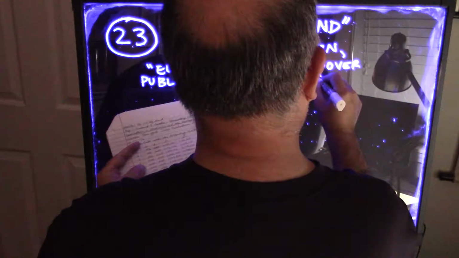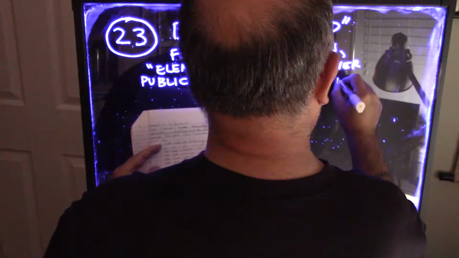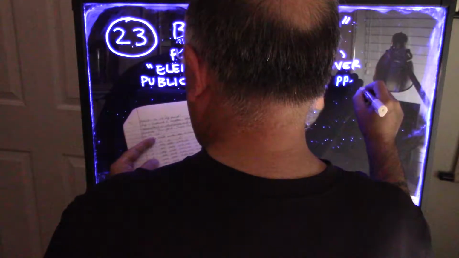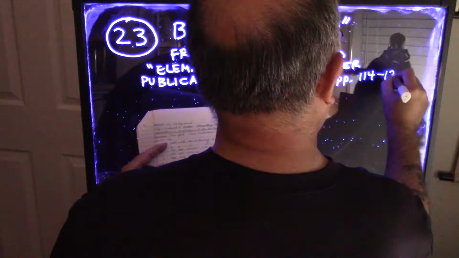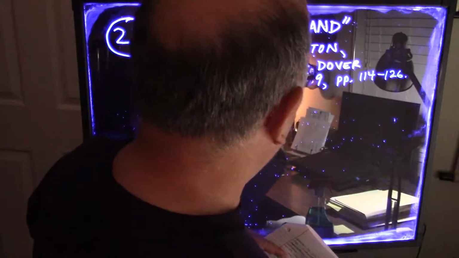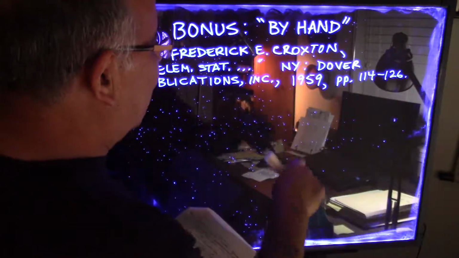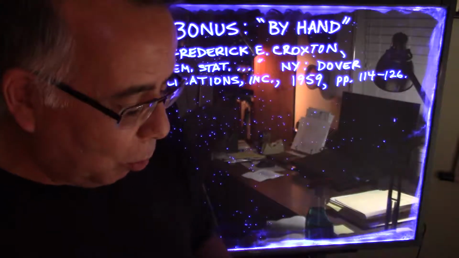This one was published by Dover in 1959, and I'm looking at pages 114 to 126 for this information that I'm about to give you. This was originally published before Dover got a hold of it, in 1953, so this is an old book.